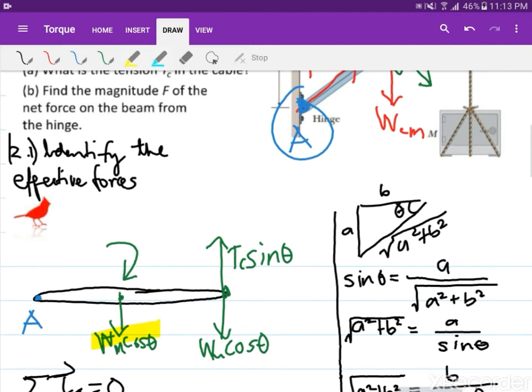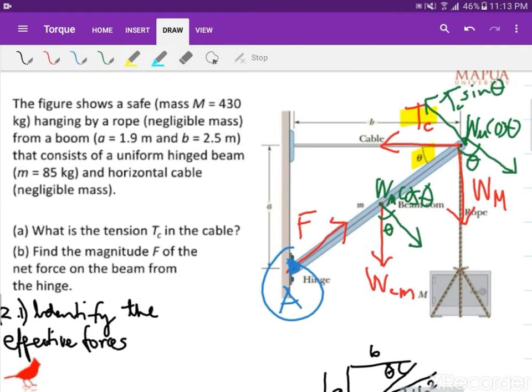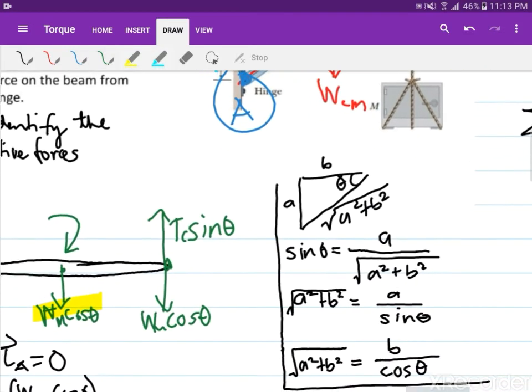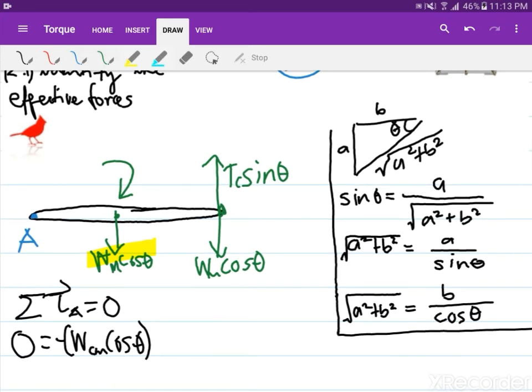Now in this problem, the lever arm is not given. We are only given the dimensions A and B. So we may use a simple trigonometric trick. So we have A here and B. This is length square root of A squared plus B squared. We know that sine of theta is equal to the opposite side over the hypotenuse.